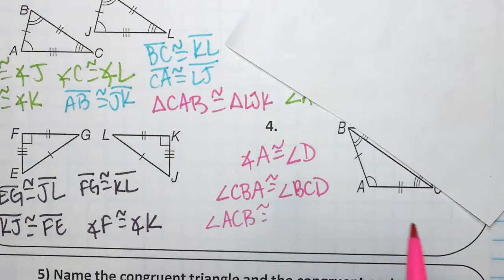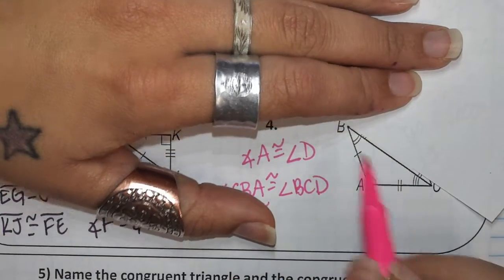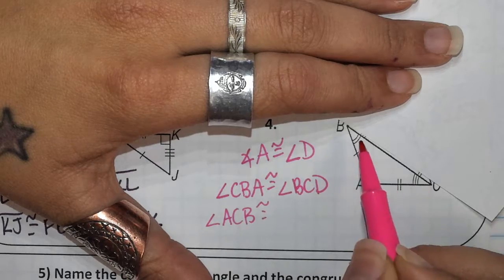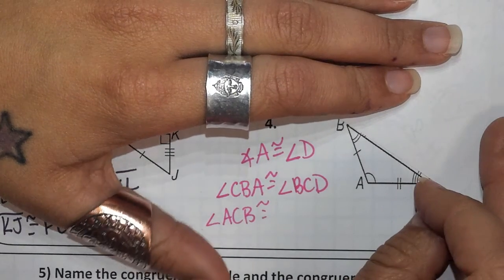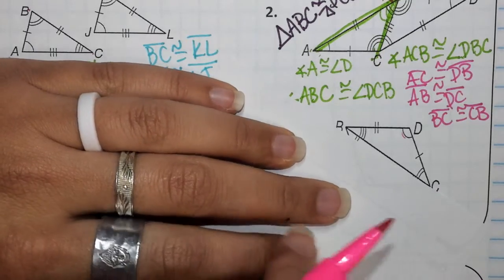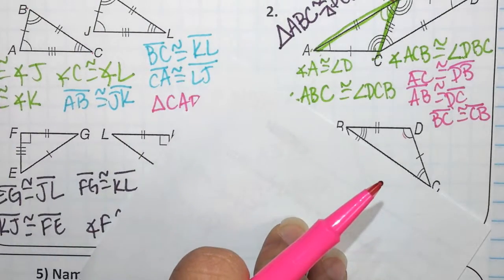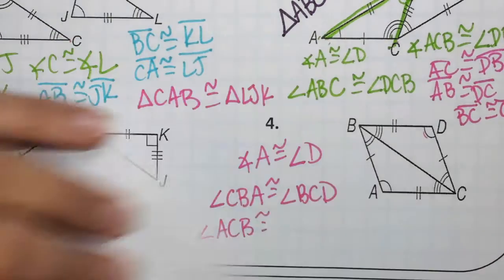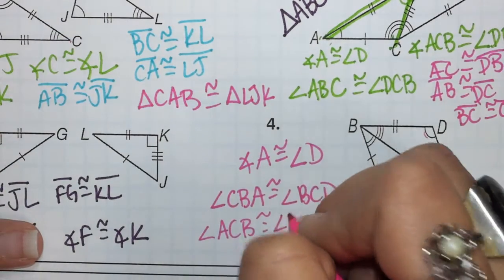Does everybody see the difference between this angle down here and this angle up here? We went 1, 3, 2. So what are we going to have to do on the other one? 1, 3, 2. It's on your paper. So it's going to be what? DBC. Good. Take a point.